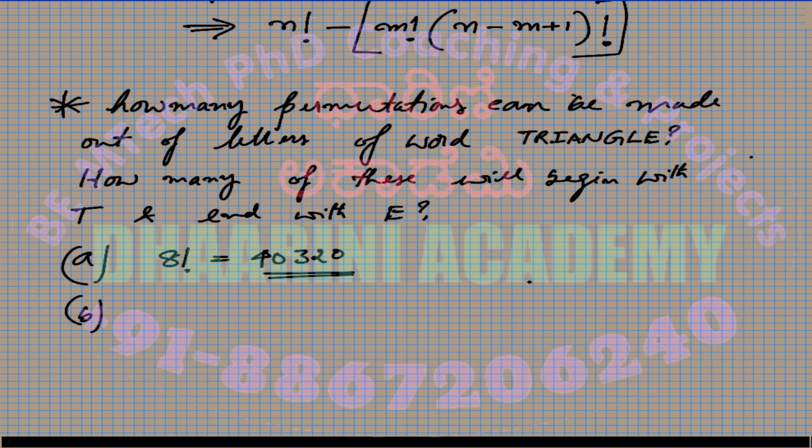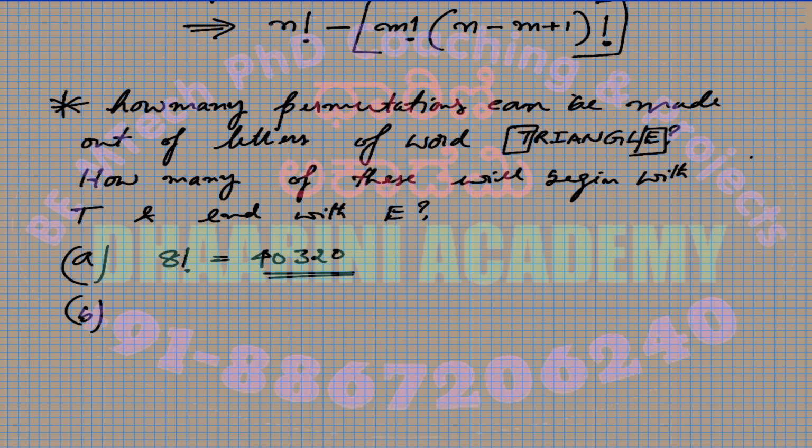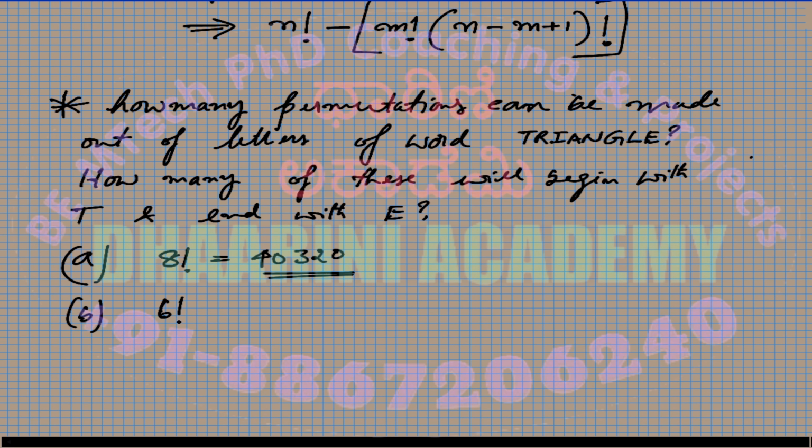Now you see there are 8 letters out of which T is fixed, E is also fixed, which means remove T and E from that. How many are remaining? There are 6 remaining. Only those 6 letters can be arranged at different positions, right? So the answer for part B is 6 factorial, which is 720, the required answer.